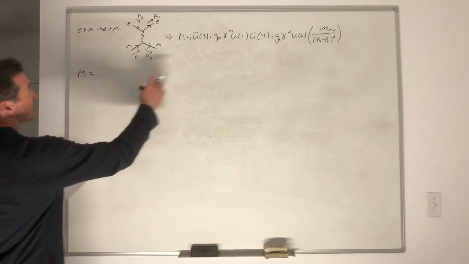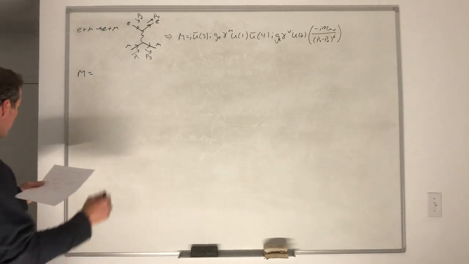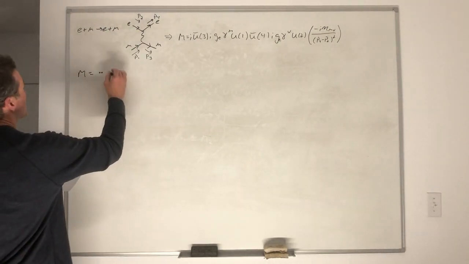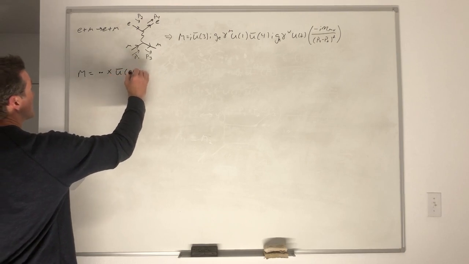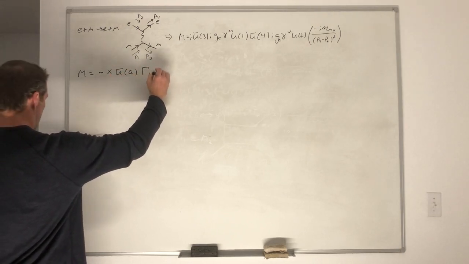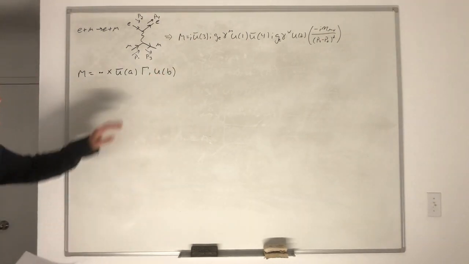Whenever we're doing a QED calculation and we have spinors involved, M always includes, among other things, a spinor sandwich that looks something like this.